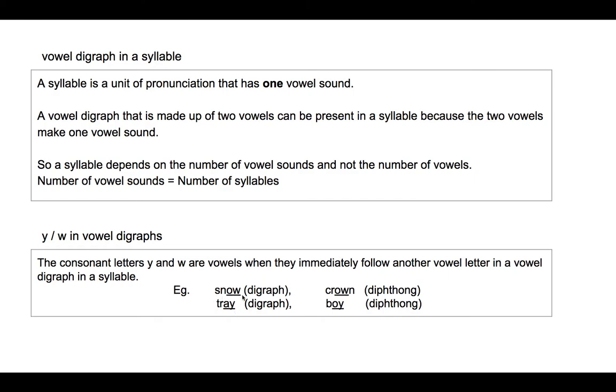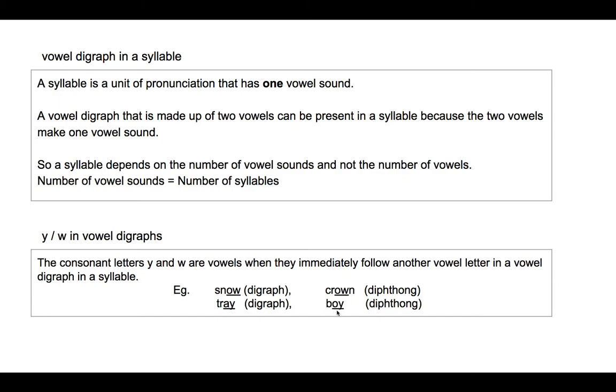Snow, s, n, o. Here the vowels O and W make a long O sound. Tray, t, r, a. Here the vowels A and Y make the long A sound. Crown, k, r, ow, n. Here the vowels O and W make a new sound, ow.